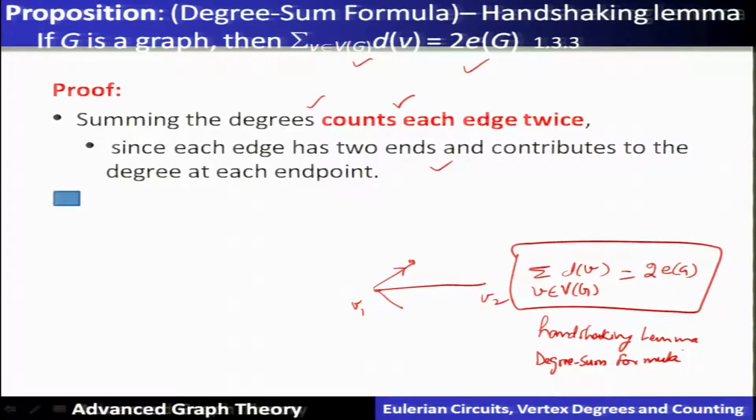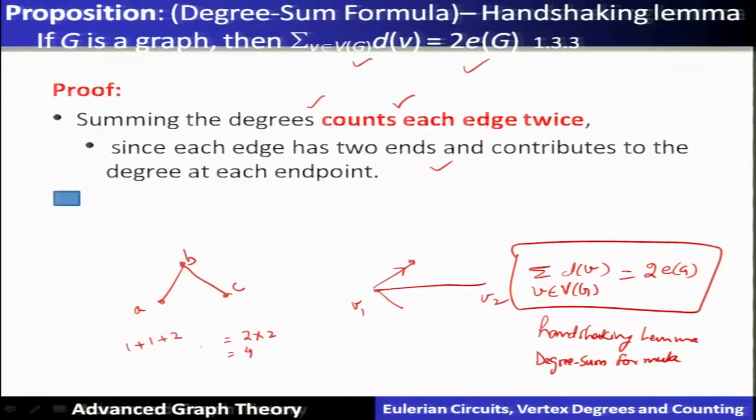If you want to see the example, let us take this particular graph which is having 3 vertices A, B and C, and there are 2 edges. 2 edges means total number of edges are 2, 2 into 2, that is 4. And if you count the degrees, the degree of vertex A is 1, degree of vertex C is also 1, degree of vertex B is 2.